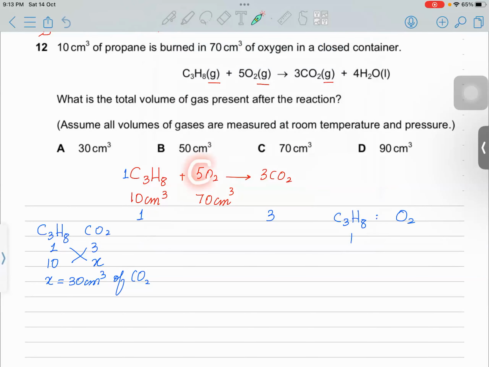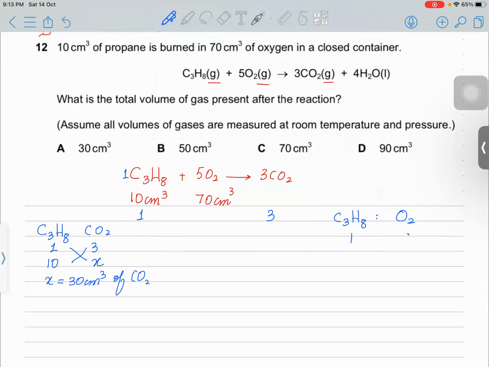Because here we have 5, here we have 1. So limiting is 1. That's why we consider 10 cm cube. It is limiting. It is a smaller amount. Yes, we take the smaller amount here. So smaller means limiting. So we take the ratio of the limiting amount. Yes, always use the limiting amount.